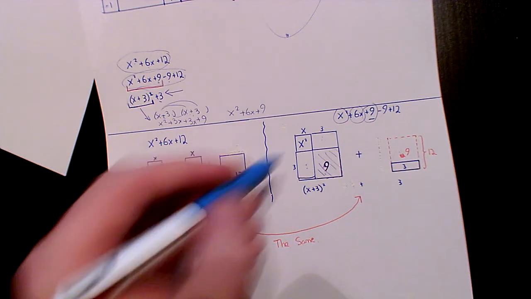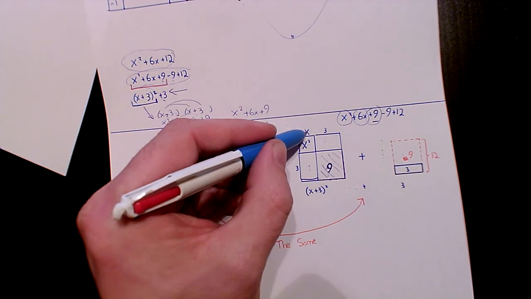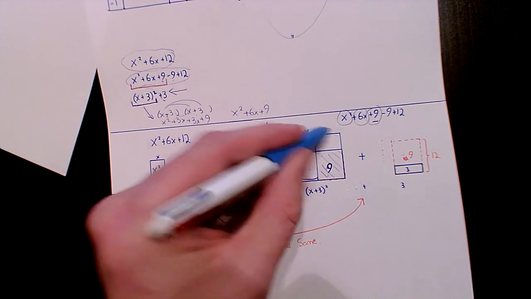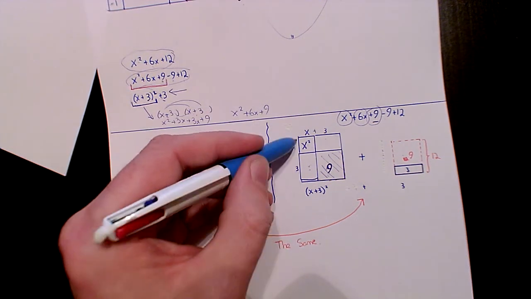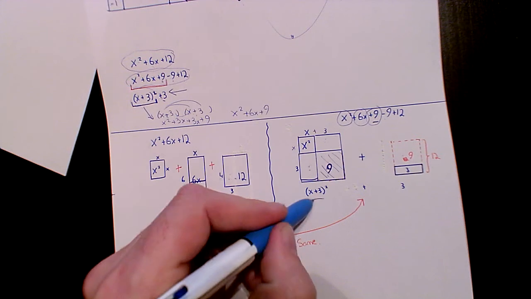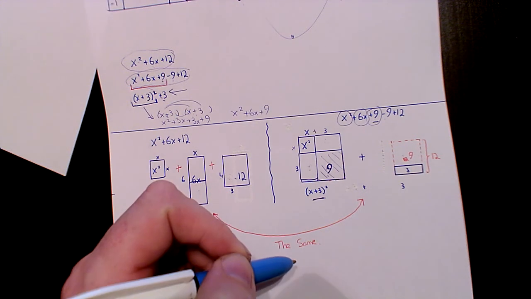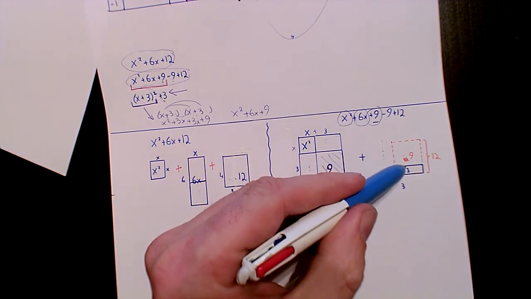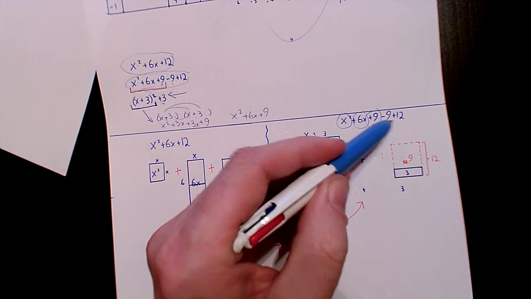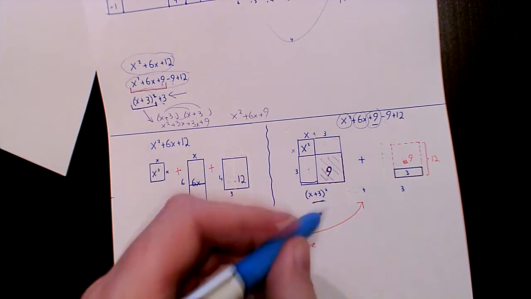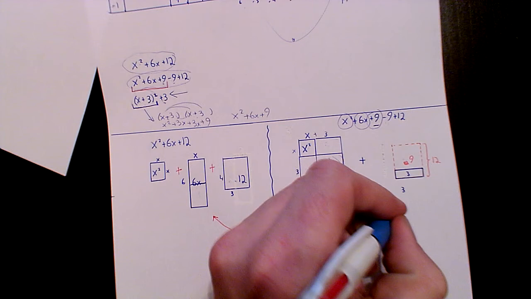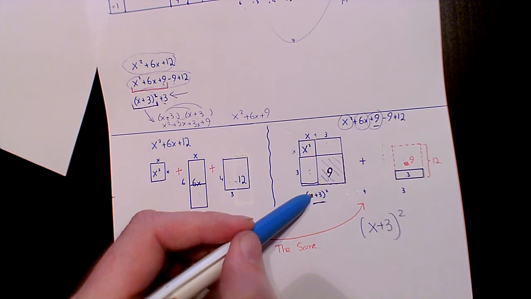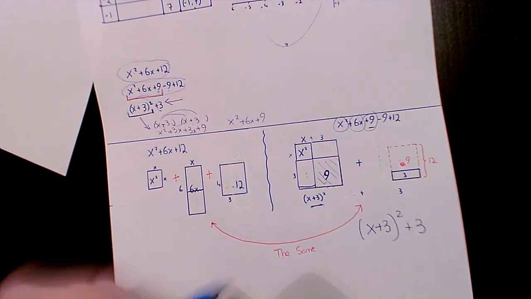And then lastly, have a look at this. x plus 3 is this length. x plus 3 is this length. So x plus 3 multiplied by x plus 3 is x plus 3 squared. And what have I over here? Well, I had 12, but I took away the 9, so I'm left with 3. So this is actually x plus 3 squared, which is that, plus the 3 that's left over.